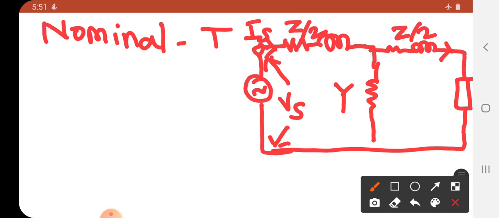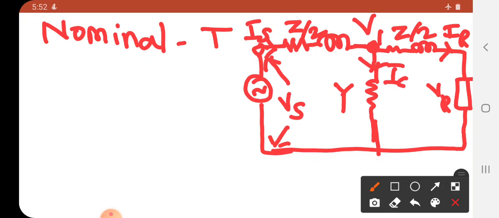Let this current be IR and this be VR. This node voltage is V1, the voltage across the shunt branch. Let this current be IC, where IC is equal to Y into V1. The voltage across the load is VR.